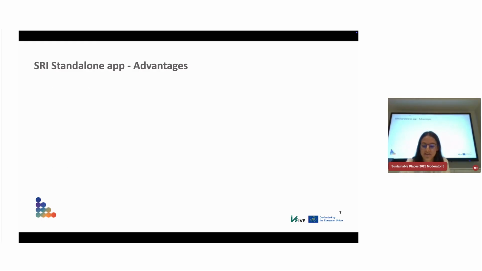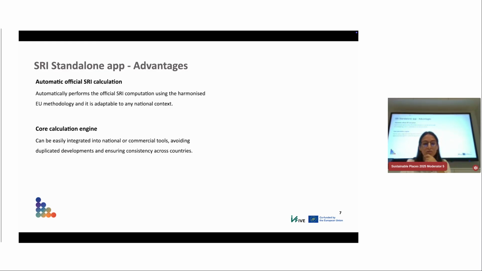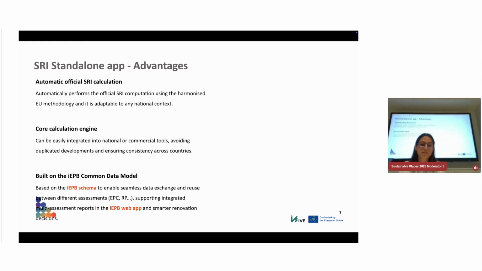What are the advantages? Well, it automatically performs the official SRI computation using the harmonized EU methodology, and it is adaptable to any national context. It is a core calculation engine, so it can be easily integrated into national or commercial tools, avoiding duplicated developments and ensuring consistency across countries.